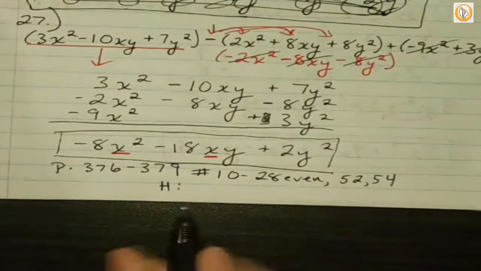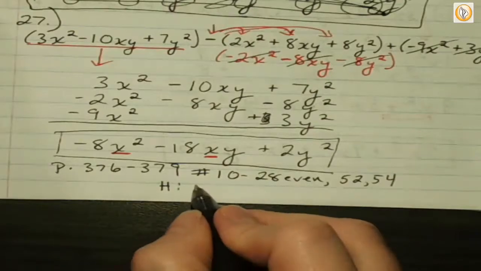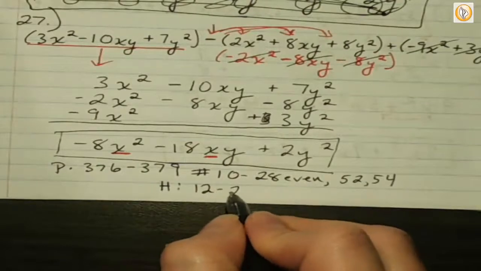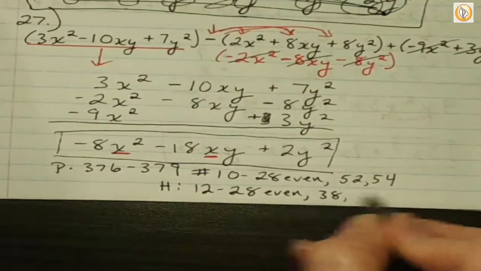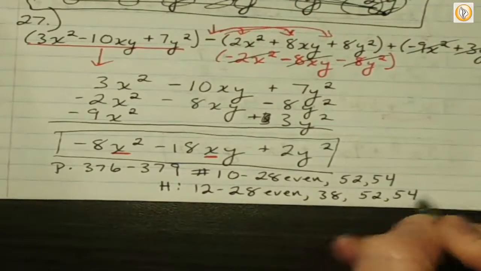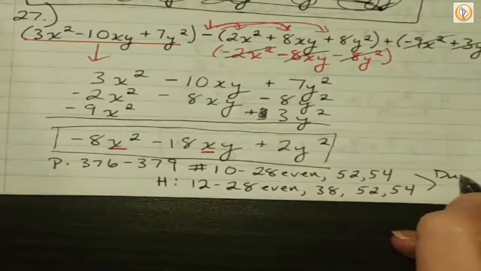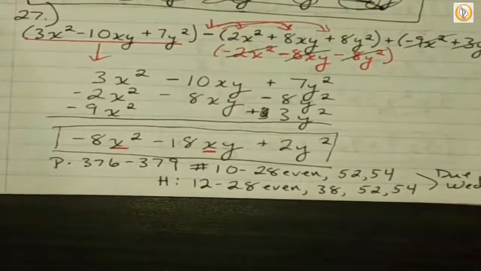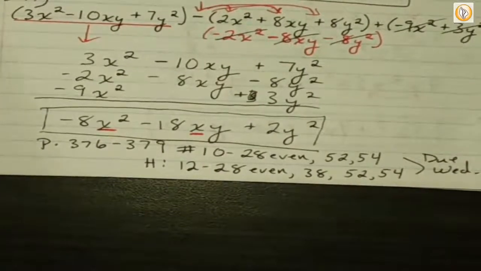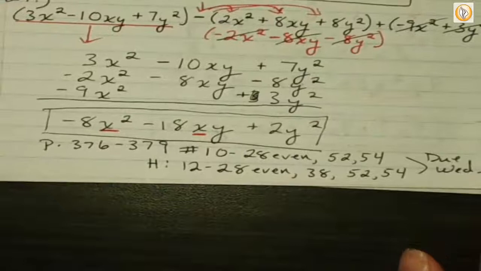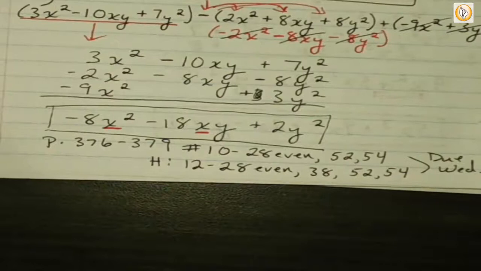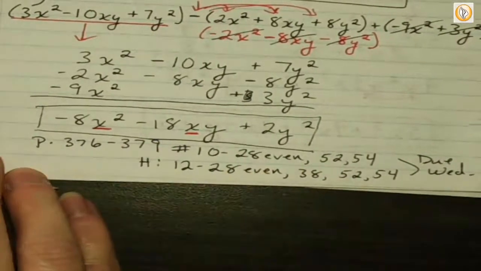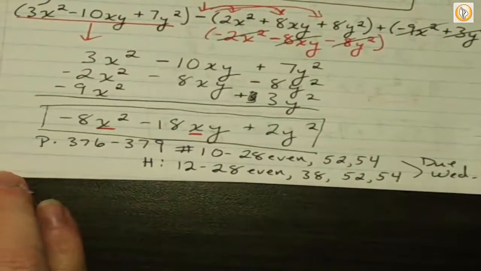Honors, you're doing 12 through 28 even, 38, 52, 54. This is due Wednesday. And I may assign IXLs or something, I don't know. And you've got a quiz coming up, I'll write it on the board.